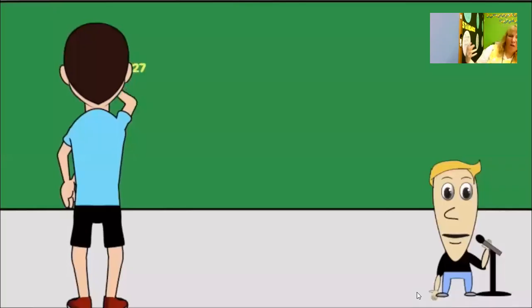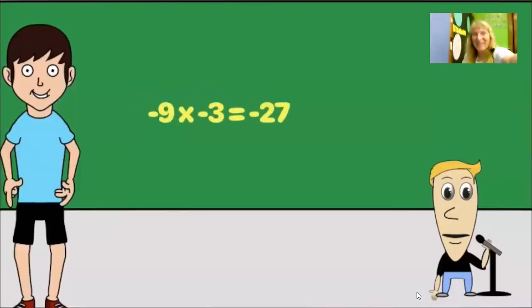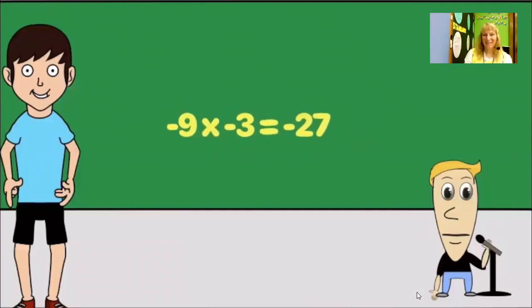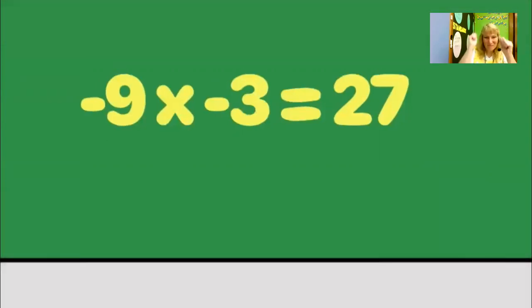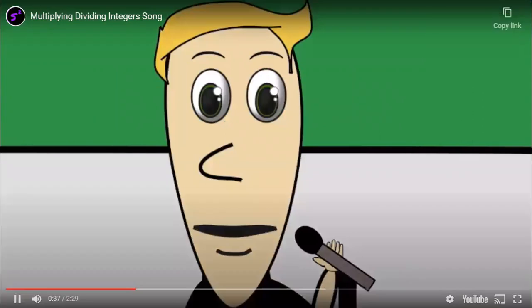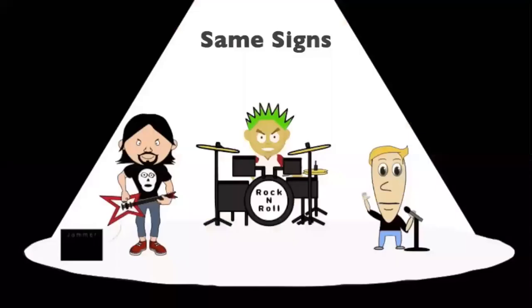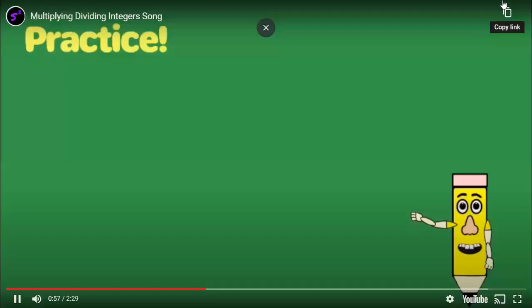I saw you working with the two integers. The math you did was right, now that's for sure. You were going strong, but the final sign was wrong, wrong, wrong. So listen to this song and you'll be right every time. Follow these two rules when you multiply or divide. Same signs positive, different signs negative. Now let's practice a problem or two.